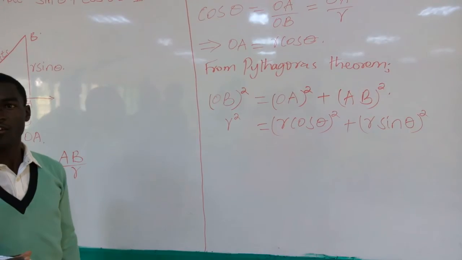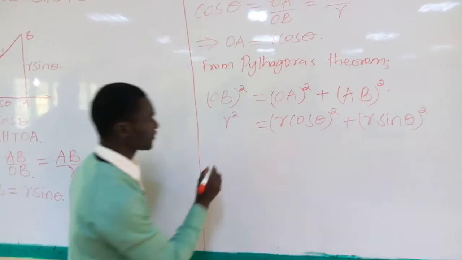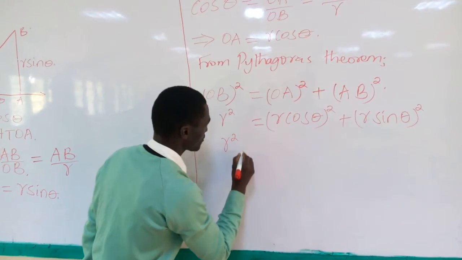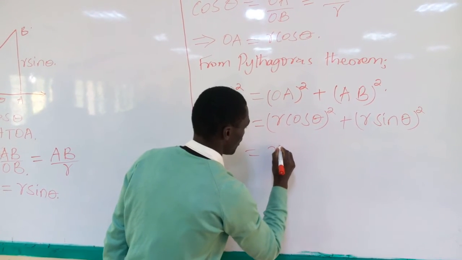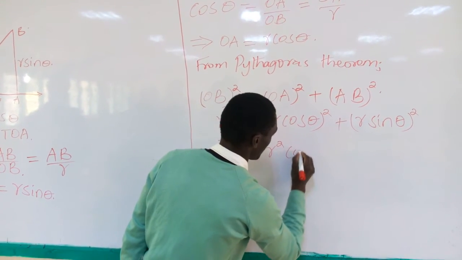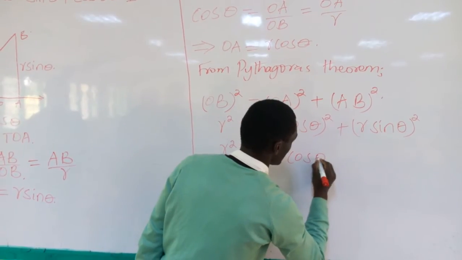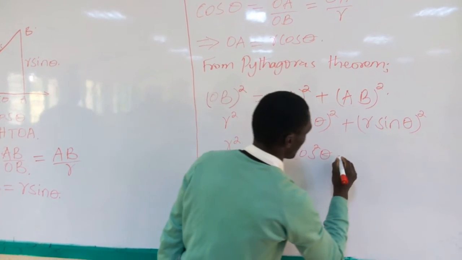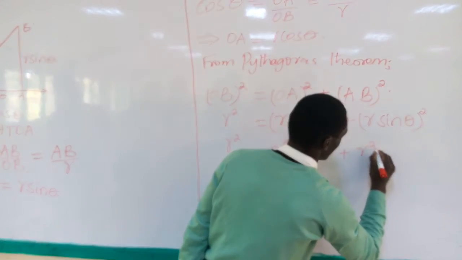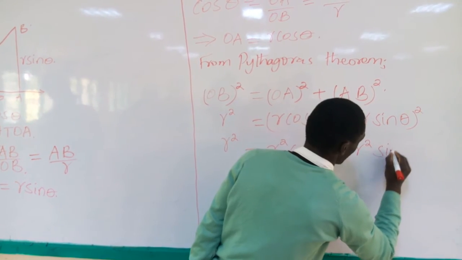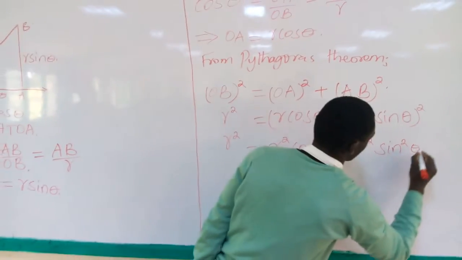From there, we are going to open the bracket such that we have R squared is equal to R squared cosine squared of theta plus R squared sine squared of theta.